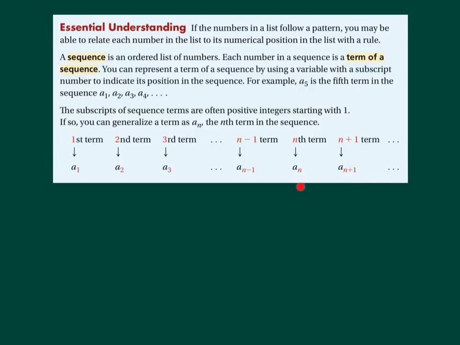So if we're focused on a term like right here, let's say this is the 10th term, an is the 10th term, then an minus 1 would be the 9th term, and an plus 1 would be the 11th term. Okay? So the notation is new, but there's nothing particularly tricky about it. It's just what it is, but it is new, so just make sure you're working with it. You're going to have to get used to it.